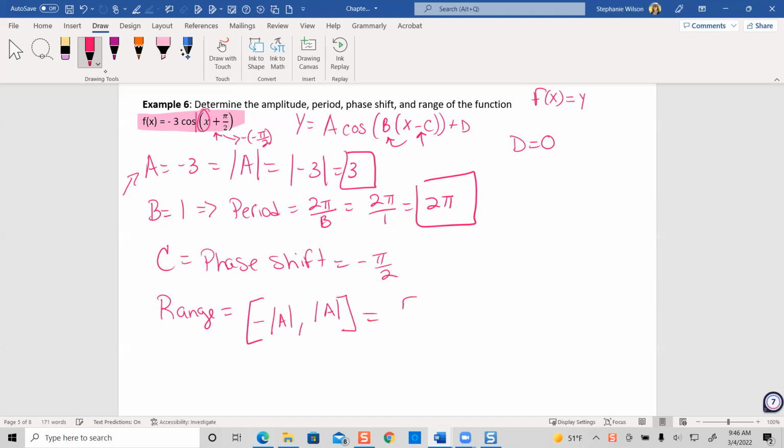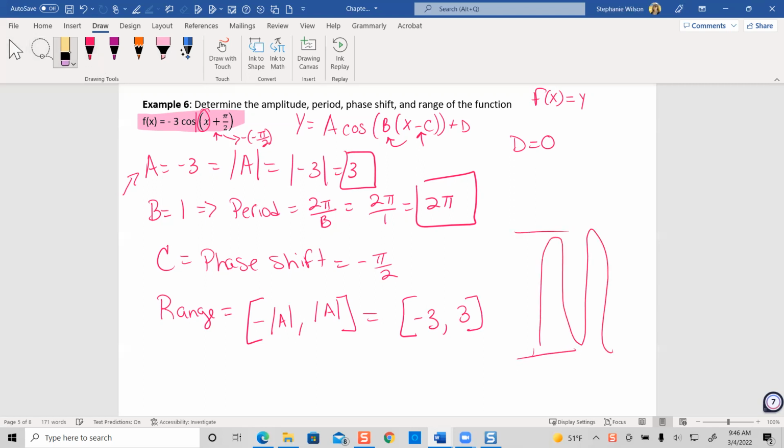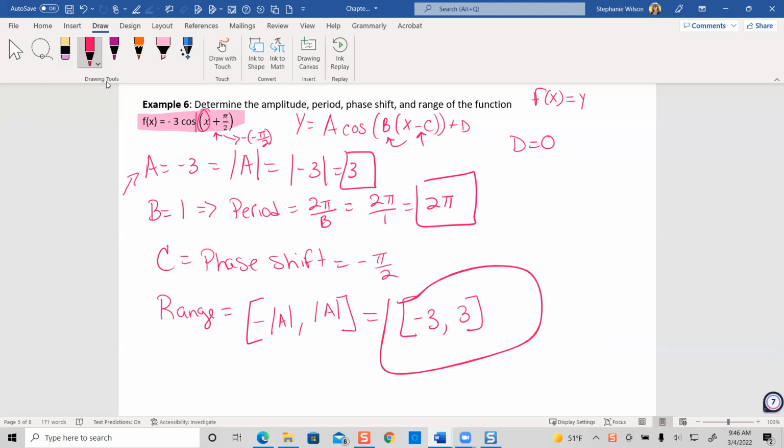So we're going to have the negative and positive of it, and that gives me my range on how far it's going to go, because we are working with cosine here. So it has a wave looking function. And that is my range. So with all this information, we are able to graph the function.